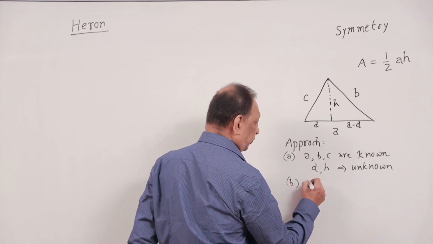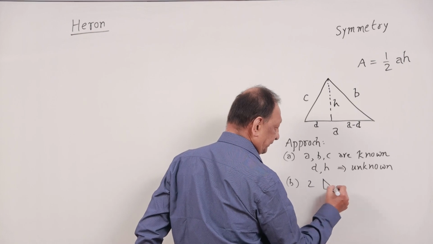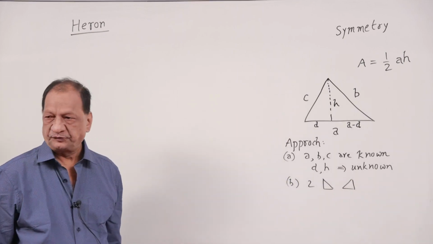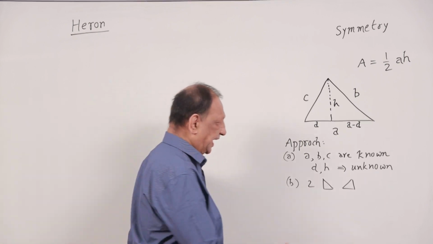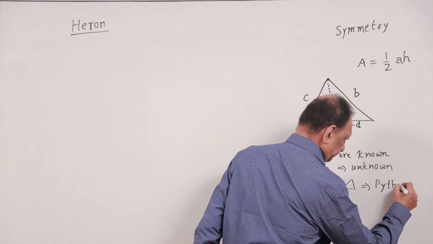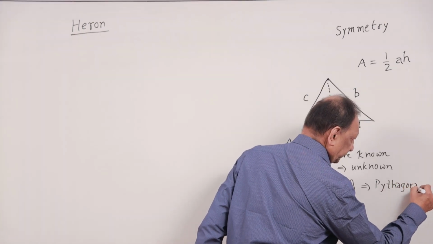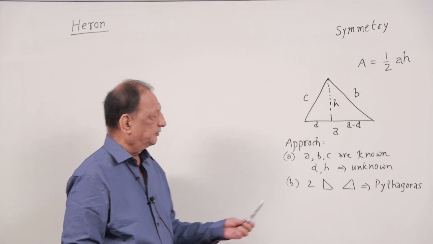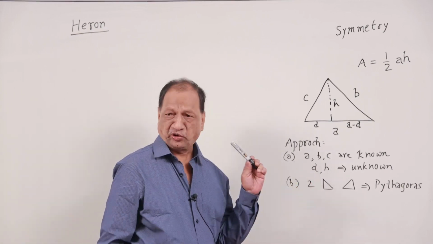Second, we have 2 right angle triangles of that shape that I have shown, and we apply Pythagoras theorem. Which means we get 2 equations which contain both these unknowns.